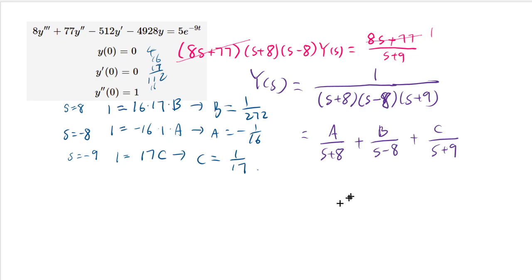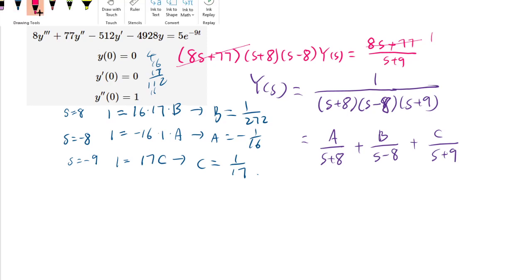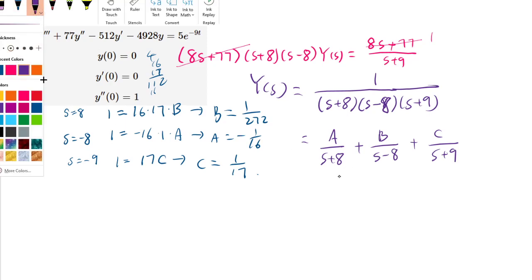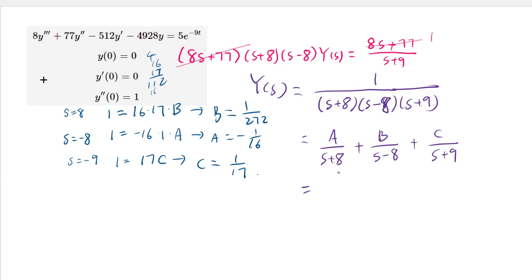We know that if I do partial fraction expansion of this with a over s plus 8, then b over s minus 8, then c over s plus 9, this thing will become a times 1 over s plus 8, but a is negative 1 over 16, right?